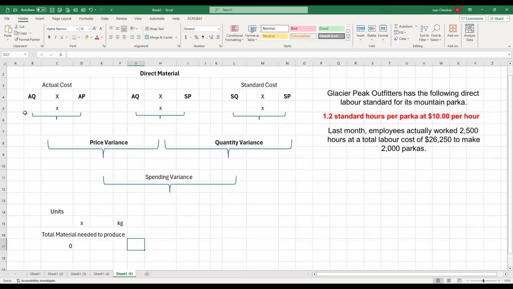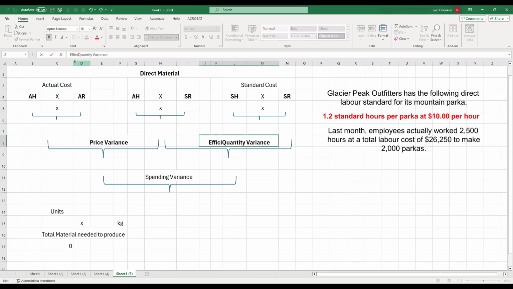So I have to change it. Actual hours, actual rate, actual hours, standard rate, standard hours, standard rate. And here we're gonna have the efficiency variance, and the other one we're gonna have the rate variance.